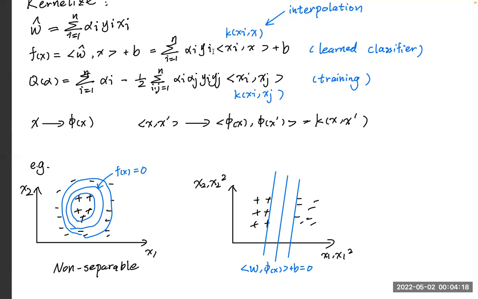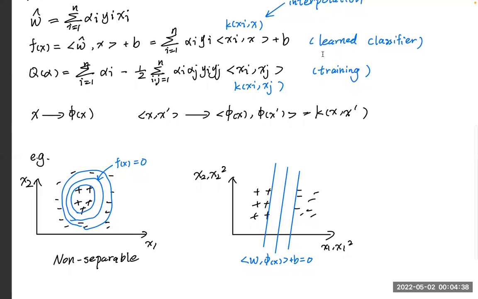And then that will be summation alpha i yi phi xi times phi x, and phi xi times phi x is k xi x, so that the scoring function will be summation alpha i yi k xi x plus b. Okay, so that's the learned classifier. You first find the logit score for this arbitrary x, and then you classify this based on whether f of x is positive or negative.